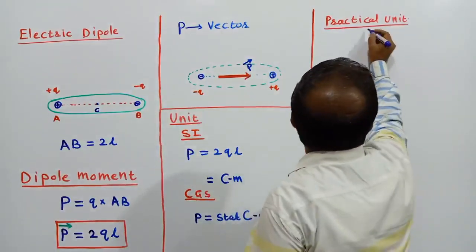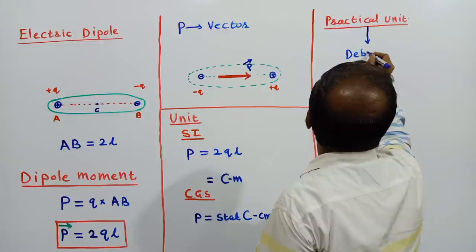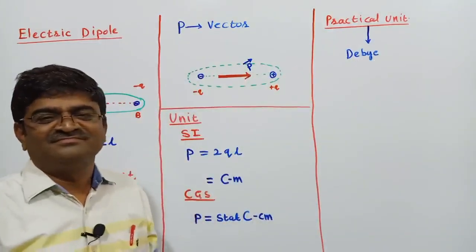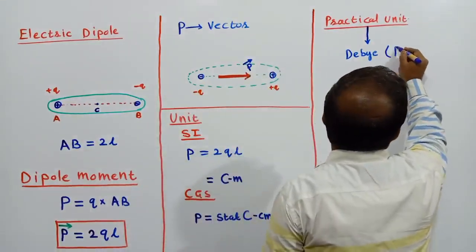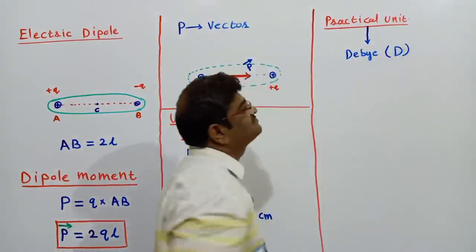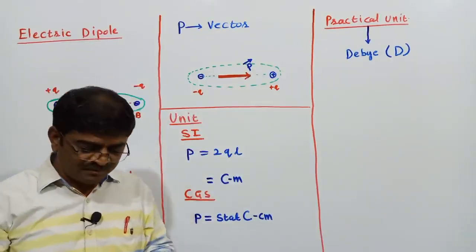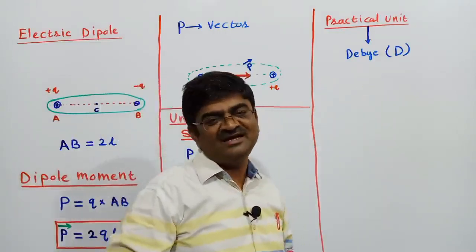Practical unit of dipole moment is the Debye, abbreviated as capital D.